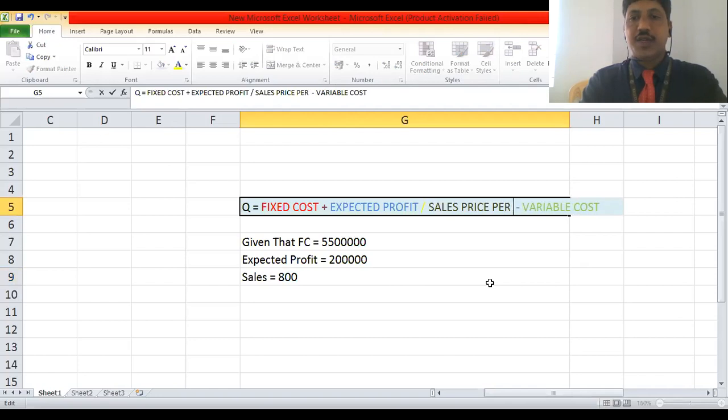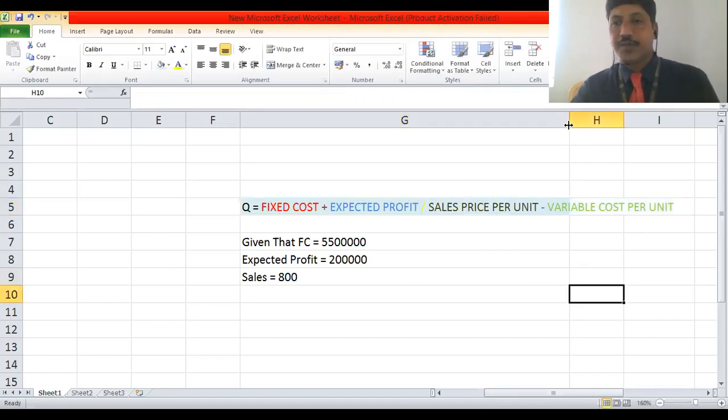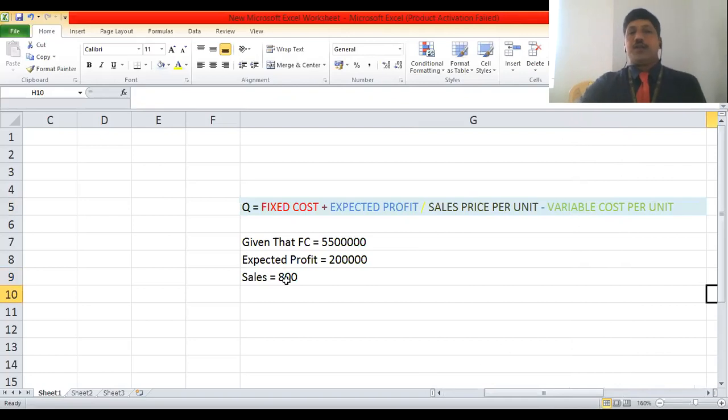So fixed cost was given as 55 lakhs, expected profit was given as 2 lakhs, and sales price per unit was given as 800.